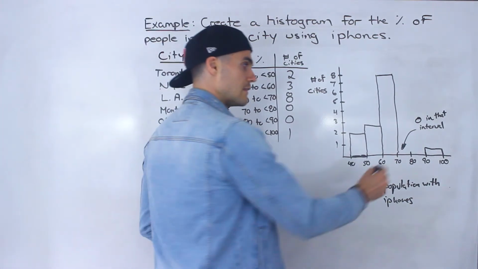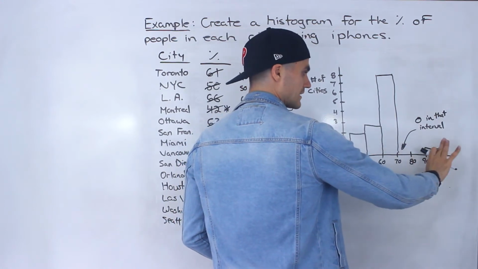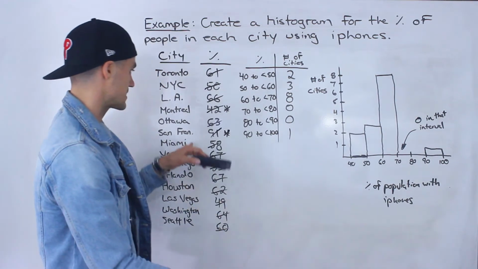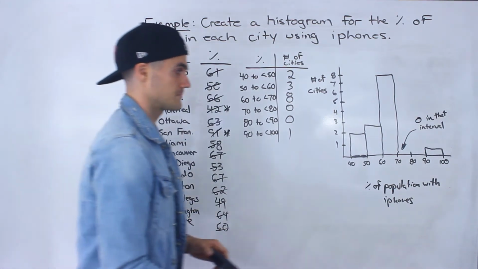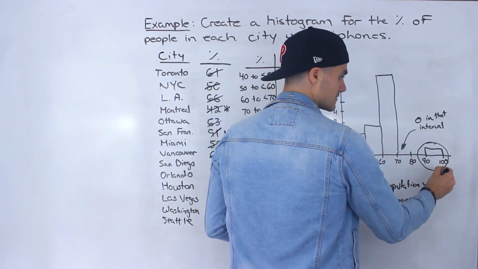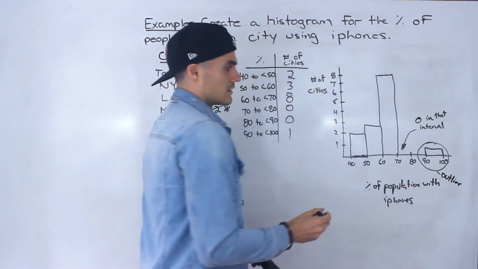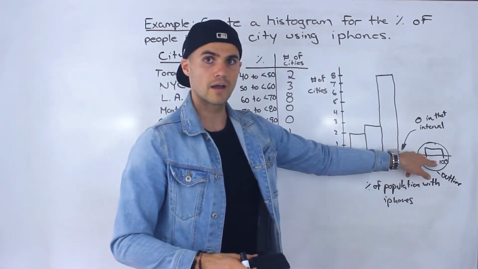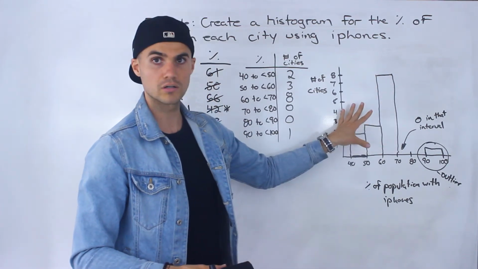Also notice that this here is sort of isolated from most of the data, right? So that was San Fran, where 91% of the population is using iPhones. So you may want to analyze this. This might be an outlier. So it's just an example on a histogram where you can identify outliers if they are really separated from the bulk of the data.